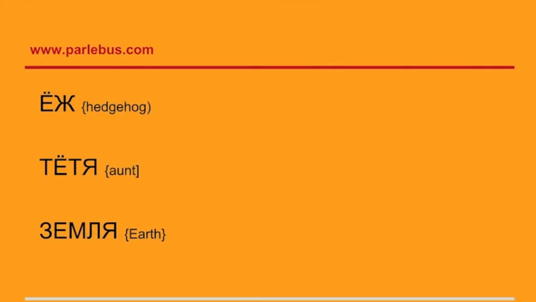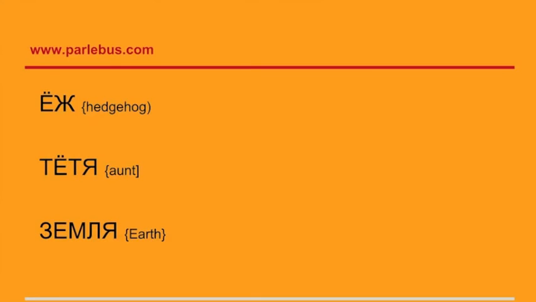Где? This is the only way to pronounce где, where. Здесь. Again, since there's only one vowel and one letter ye, stressed, здесь is the only pronunciation available. How do you say a hedgehog in Russian? Ёж. Aunt, as in aunt and uncle.